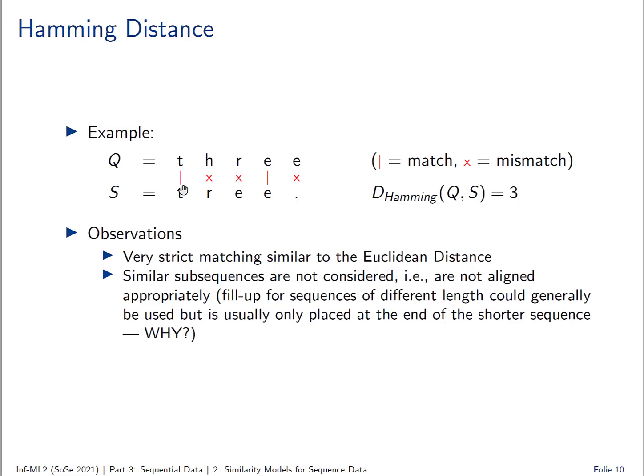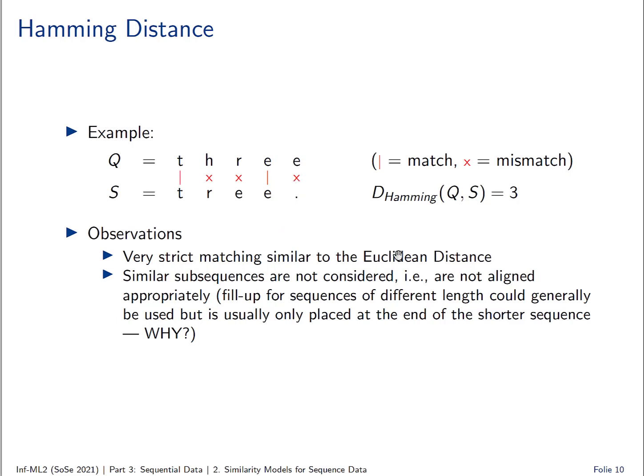So you see it's very strict matching, very similar to the Euclidean distance. Similar subsequences like R, E, E appear in both sequences, but on a different position, and we cannot account for these similar subsequences with the Hamming distance, because we are not allowed to align the sequences in a different way than just aligning them one by one as they come.